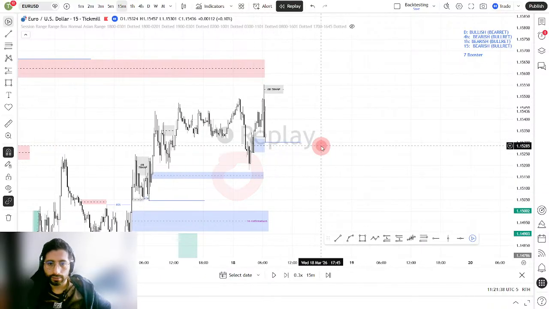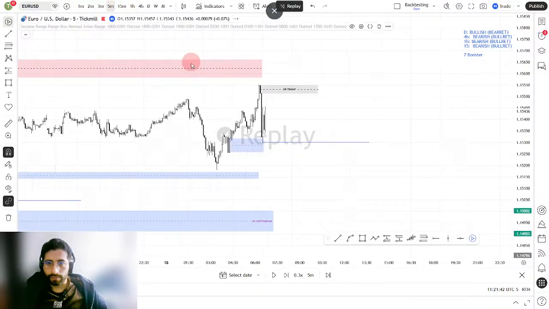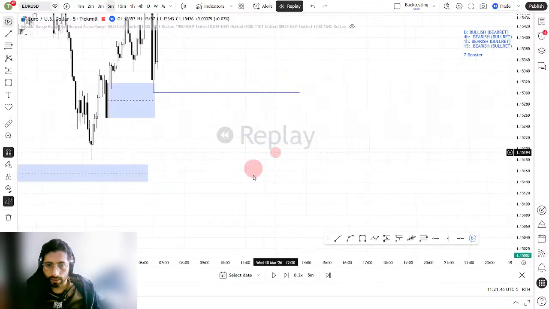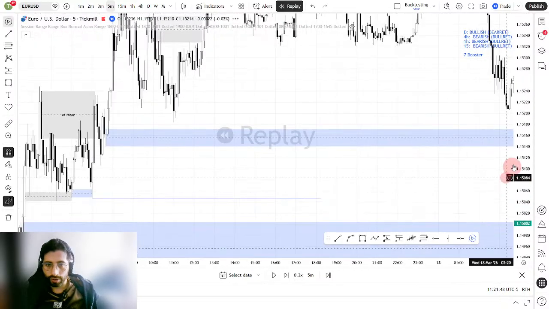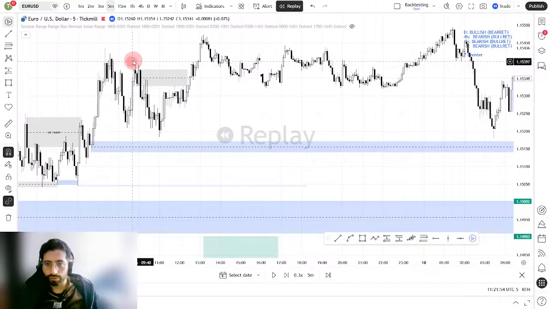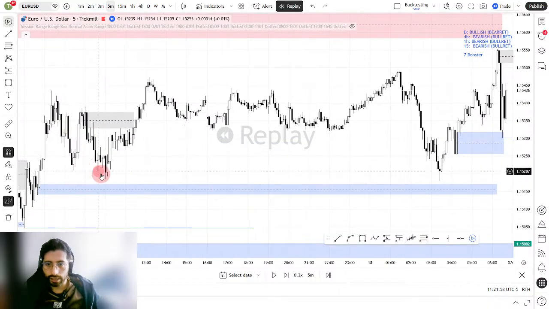Yeah, that one. All right, and now let's go to the 5 minutes time frame to check the proper range. So it was the range beginning. It continued pushing up. It didn't enter here. Let this high become liquidity.